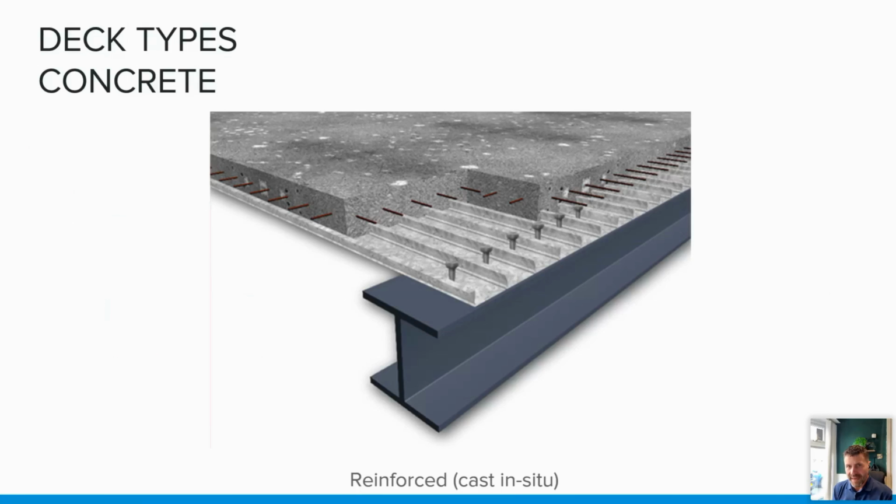In the olden days, we did see woodwool slab sometimes used as shuttering as well. So it's not uncommon to do a core sample and come across a concrete deck, but then you look from the underneath and you see woodwool. That's because woodwool was used as shuttering for concrete decks once upon a time. But that's your reinforced cast in situ. You see the rebar there in place.